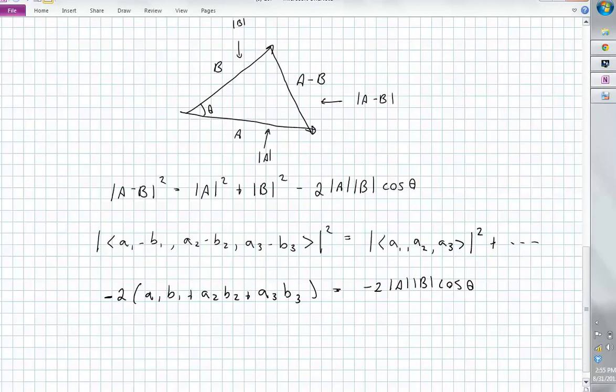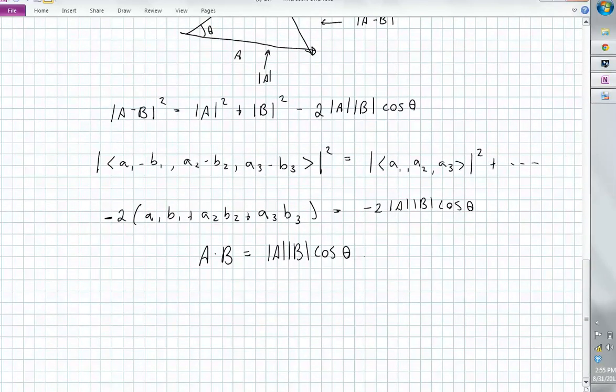A dot B. That's the cosine identity for the dot product. It says that the dot product is equal to the magnitude of A times the magnitude of B times the cosine of the angle between the two.